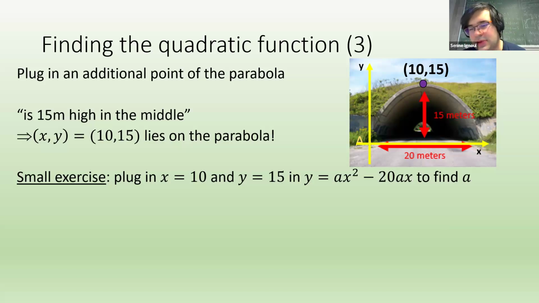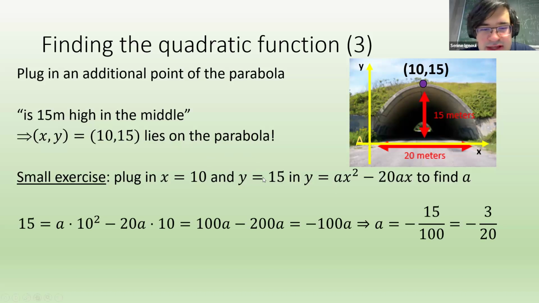Okay, so the answer is indeed minus 0.15. So how can we find this? Let's go over the solution. If we plug in y is 15 and x is equal to 10, then we get this expression. 10 to the power 2 is 100. 10 times 20 is 200.